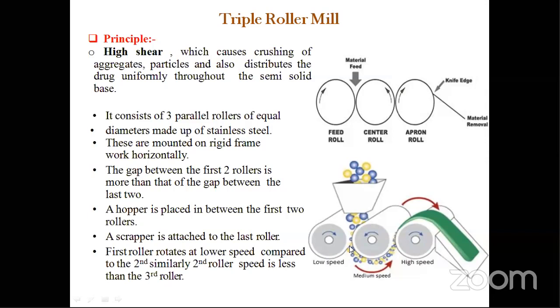By the pressure applied by the rollers, the material droplets are reduced to small size, and the small material is mixed with each other at the lower speed. At medium speed it is uniformly mixed, and the material then comes between the second roller and the third roller at high speed. By this high speed process it becomes an ointment sheet or semi-solid sheet at the discharge port, and this is filled in tubes and goes to the market.